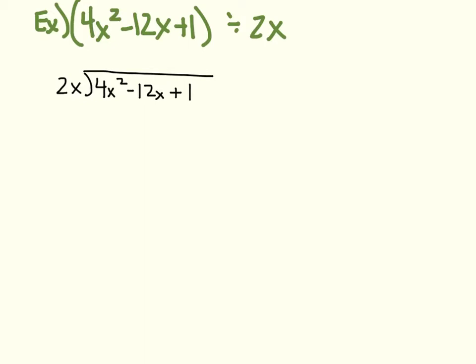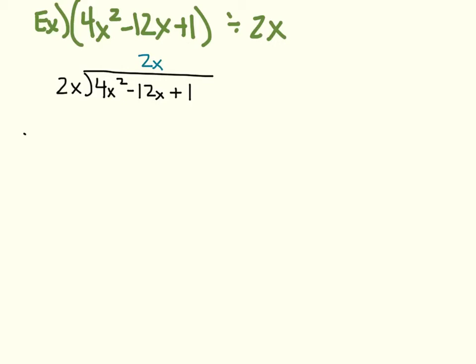The way that we approach this problem is we think, how many times does 2x go into 4x squared? 2x. The other way to think about it is, 2x times what gives me 4x squared? 2x. Now I'm going to write that in this position.